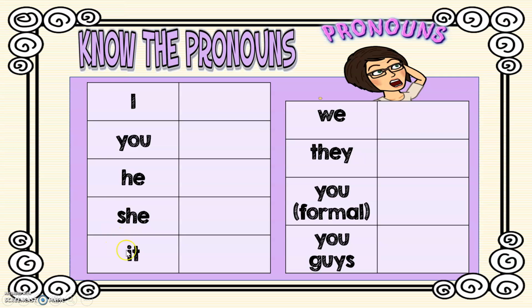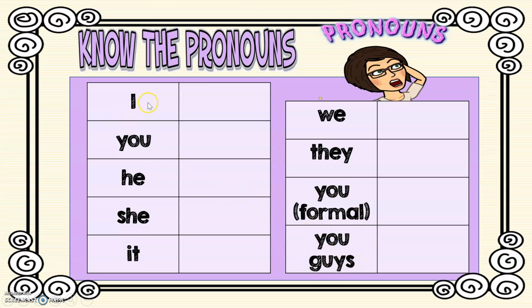So here are our subjects. I, you, he, she, it, which will always conjugate the same because they're third person singular. We, they, and you formal. And you guys. This is the plural you. Remember, in German there are three yous. There's you informal, there's you formal, and there's you plural.